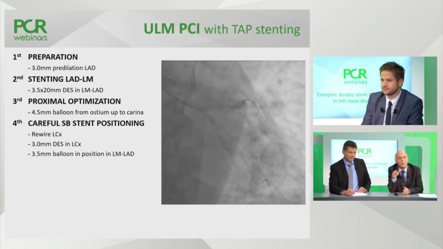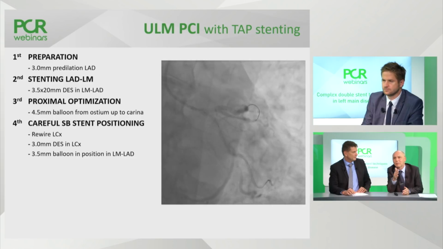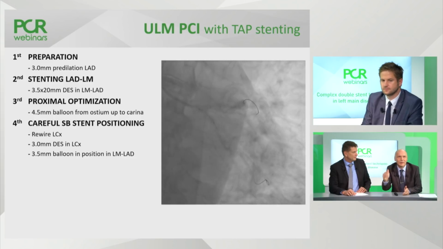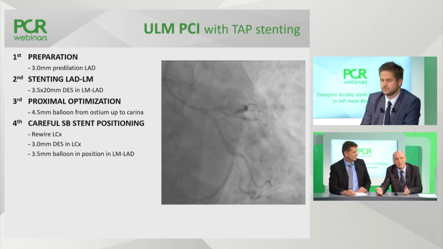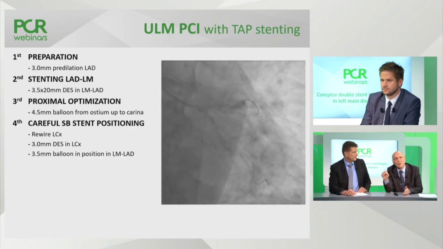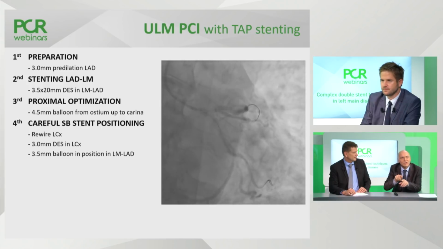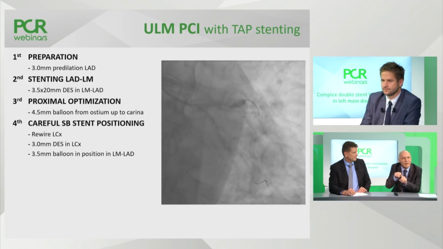Basically, in this particular situation, I don't do kissing because I decided on two stents. If, for example, this was a non-dominant circ, I would just do the kissing and end up with provisional. But in this particular case, I already decided on a second stent, so I used a 2.0 balloon just to make the way open to the circ, because I don't want to push the stent through the struts and then maybe get stuck there and lose the stent.